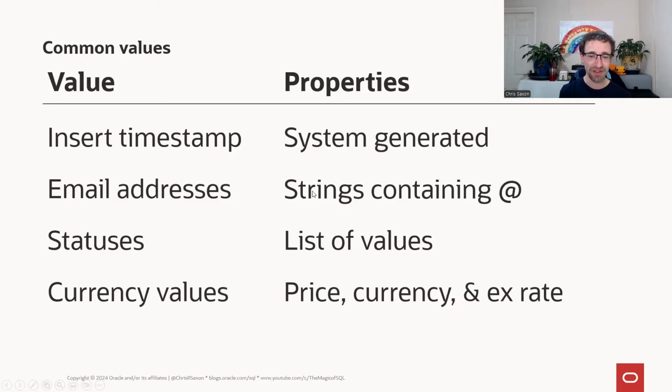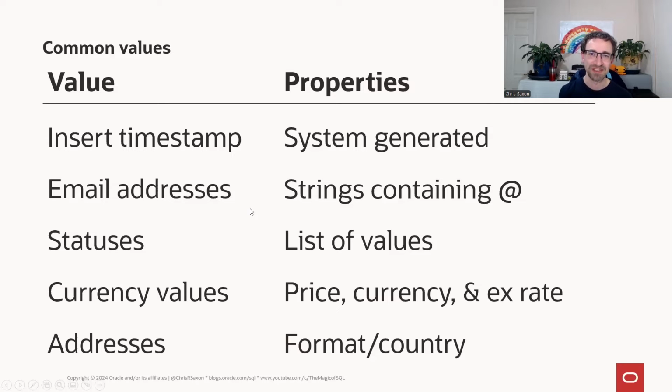Currencies, more monetary values. So products have a price, invoices and orders are how much you paid, things like that. And then there's addresses, where we're actually sending physical addresses, where goods are going to be sent and that kind of thing. So as I say, these values are likely to be stored in many of these tables across the application.